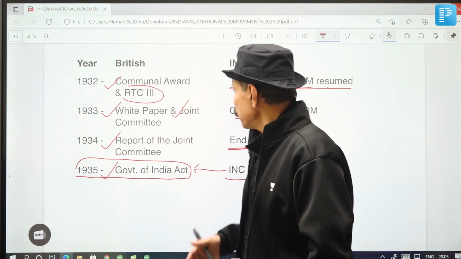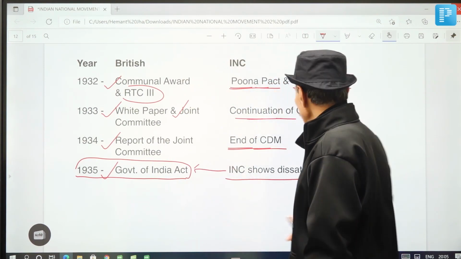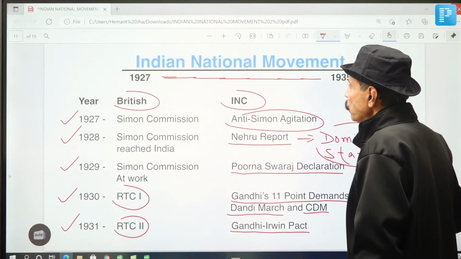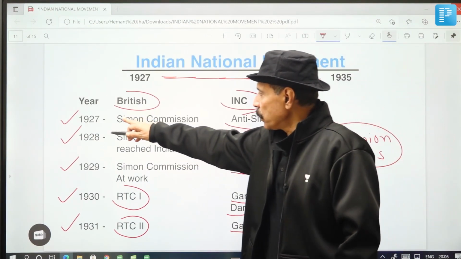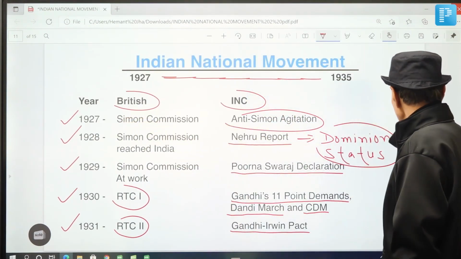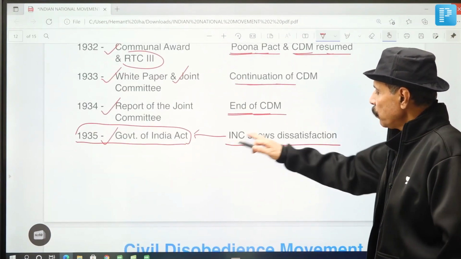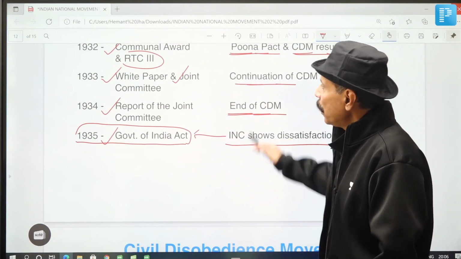And I have presented this in chronological sequence, starting from 1927, both the sides, and ending 1935, both the sides.